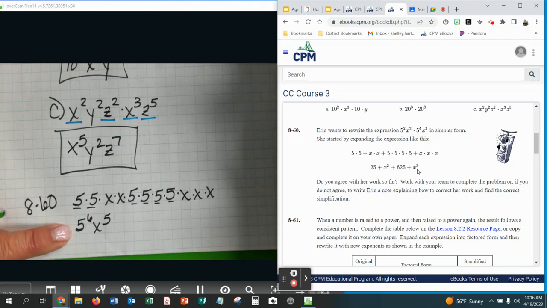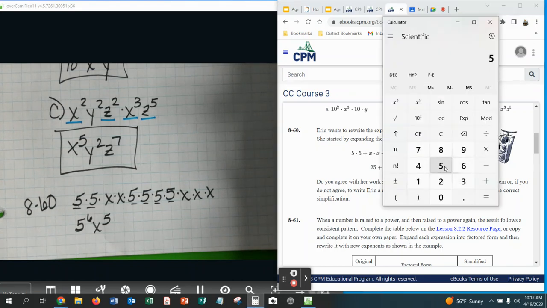If we were going to multiply this out, which we could do, we go 5, special button, 6, equals 15,625. X to the 5. We can't deal with the x at all because we have no idea what it is. How do we feel about that? Okay, great.